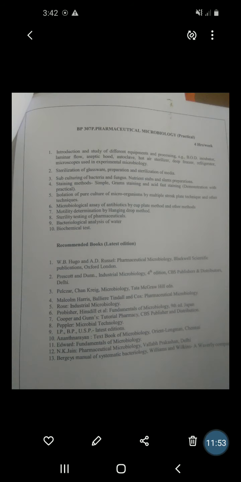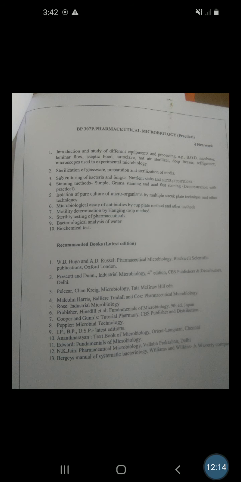Then and only then is the microscope required. The microscope has different parts, for example eyepiece, objectives, mirror, and lens. These are a few parts of the microscope.